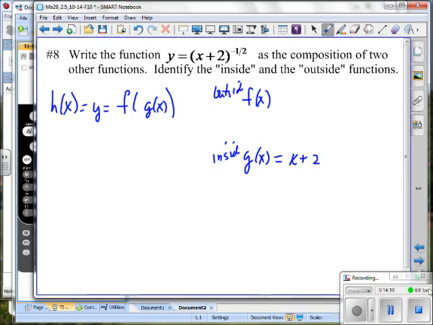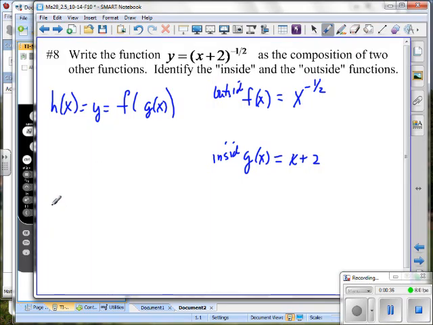And when you think about that, what's the first order of operations here? Well, the first thing I would do is take care of what's inside the parentheses, x plus 2. So x plus 2 is my inside function. Once I knew what that value was, it's 3, what would I do with that? I would take the result of this and raise it to the negative 1/2 power. So my outside function is x to the negative 1/2 power.